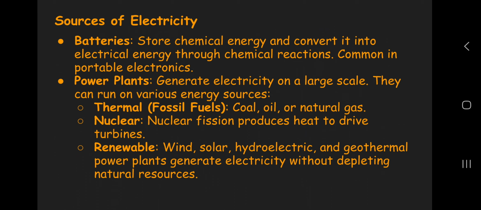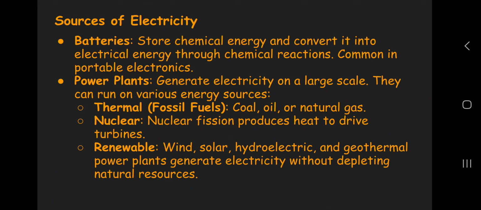Sources of battery electricity. Batteries store chemical energy and convert it into electrical energy through chemical reactions, common in portable electronics. So basically, those batteries we put in cars or sometimes MP3 players, or sometimes in a clock, when the cell is not used for a long time, it explodes and some brown gooey chemical comes out, right?